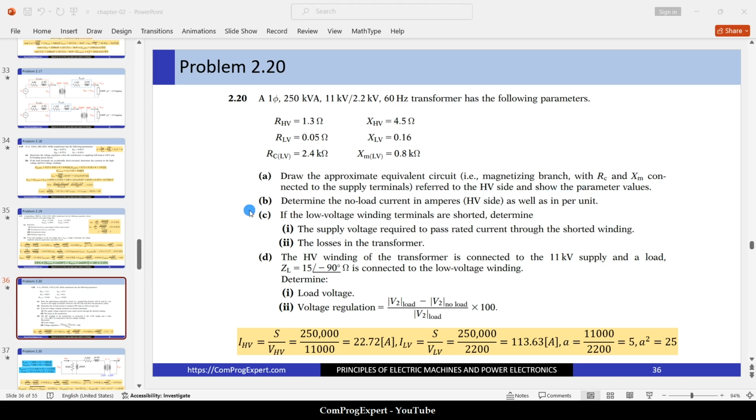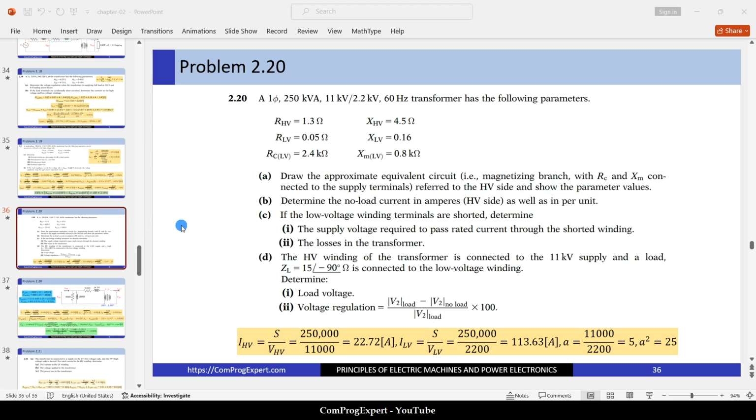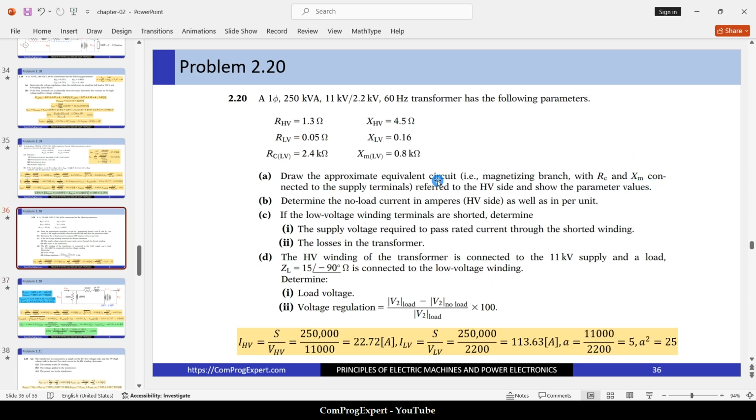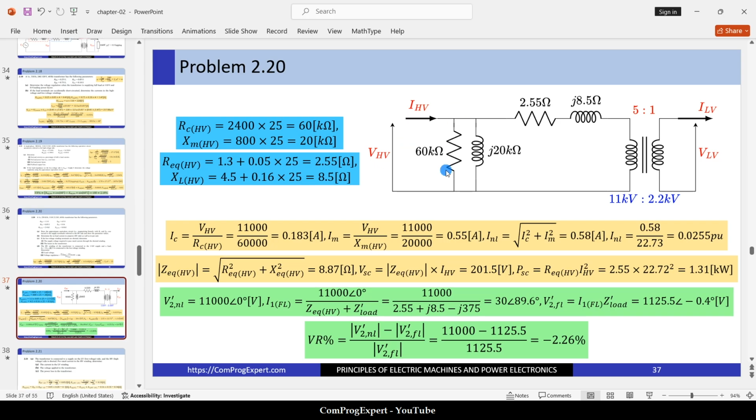Yes. How can we calculate the values? We need to refer them to the primary side. Here is the equivalent circuit. In this case, we connect the magnetizing branch to the source, connected to the supply terminals. Yes, the magnetizing branch. This is the equivalent resistance and the equivalent leakage reactance.